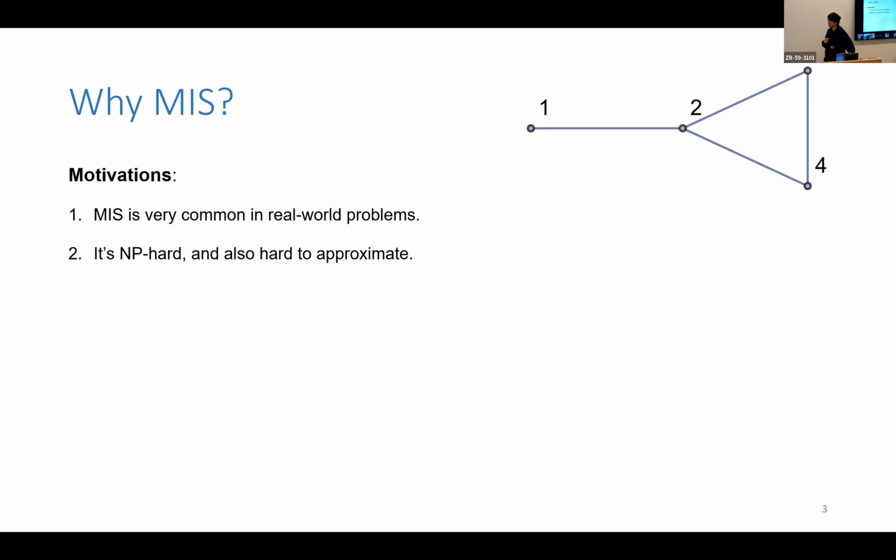It's also a famous example that is hard to approximate, which means it is hard to find the exact maximum independent set. It is also very hard to find an approximate maximum independent set: if you want to find an independent set with size close to the maximum, it is still very hard.